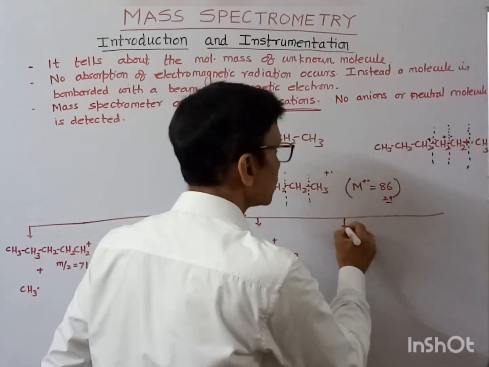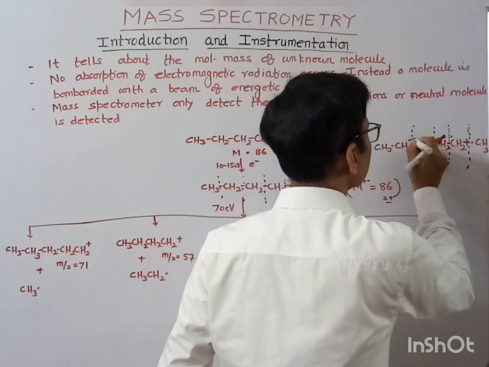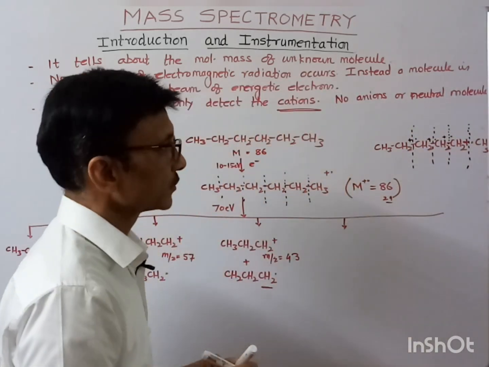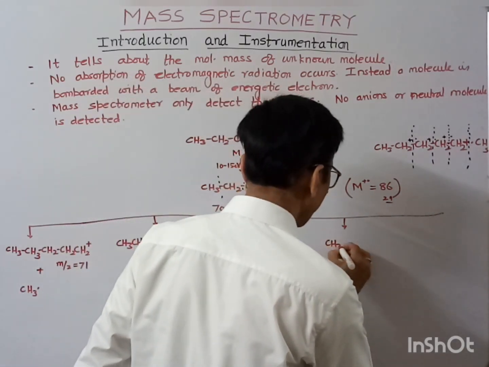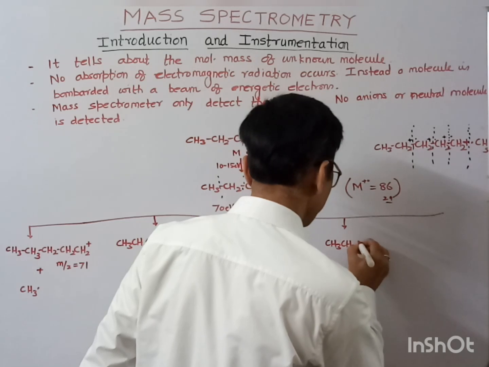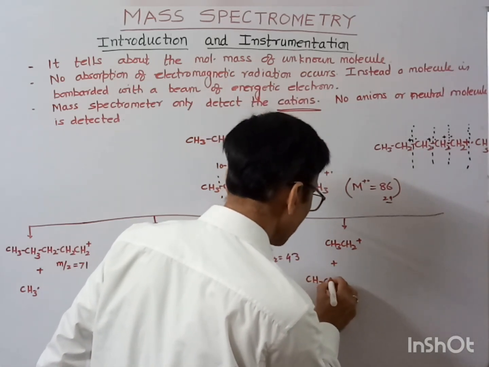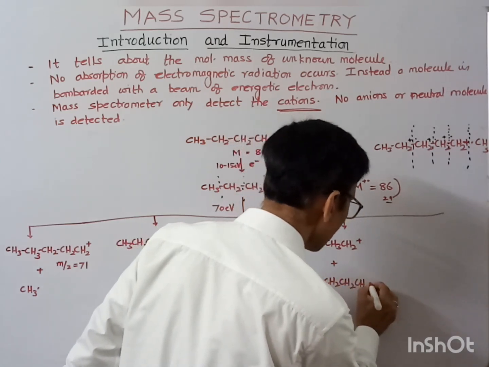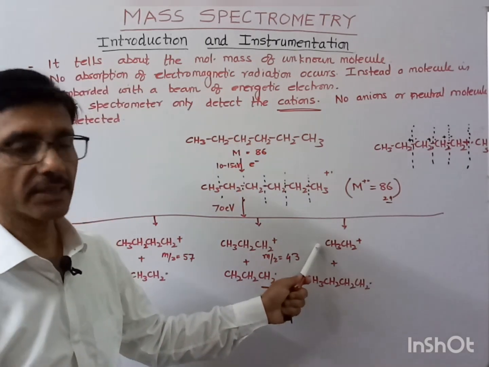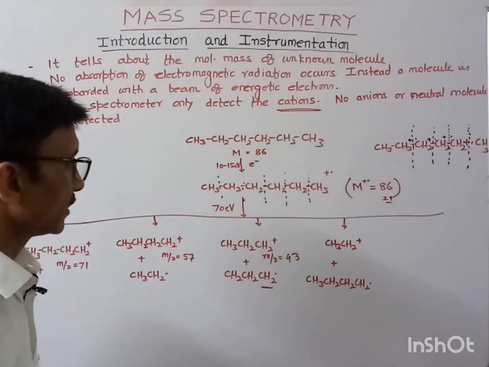Another possible fragmentation. What we may write is the ethyl cation plus the butyl radical. The mass analyzer will only detect this ethyl cation, it will not detect the butyl radical.